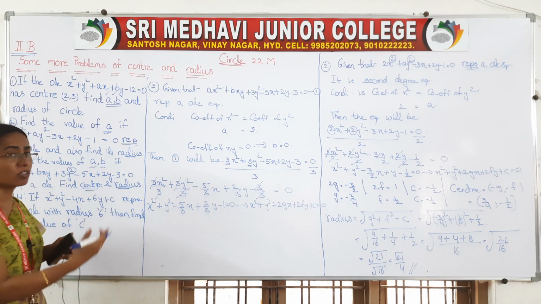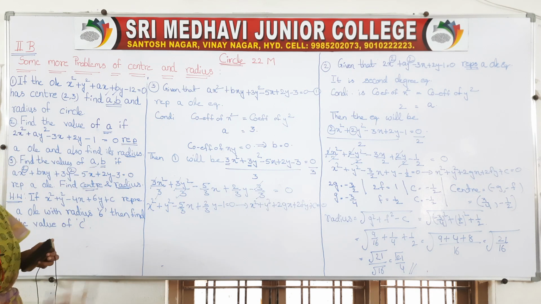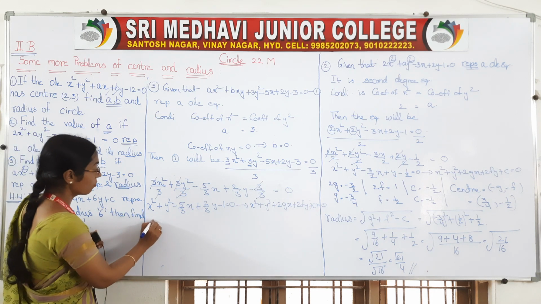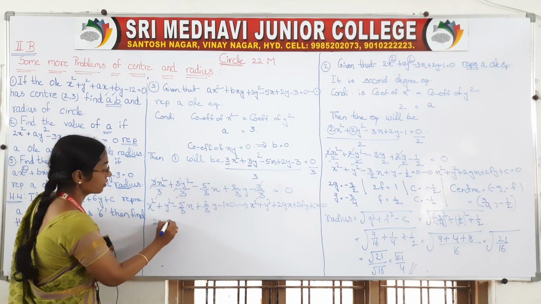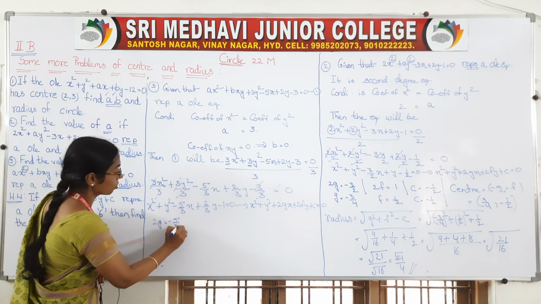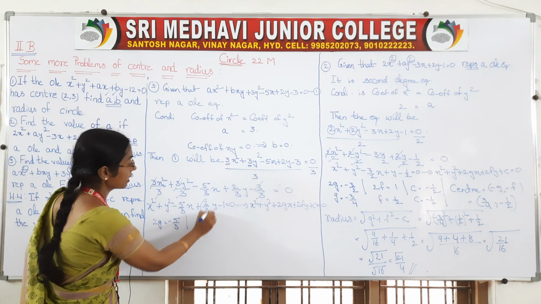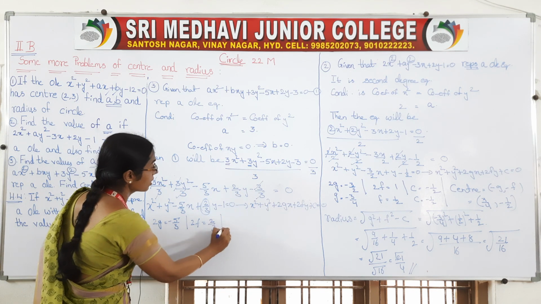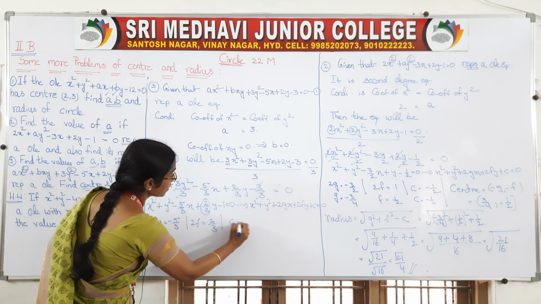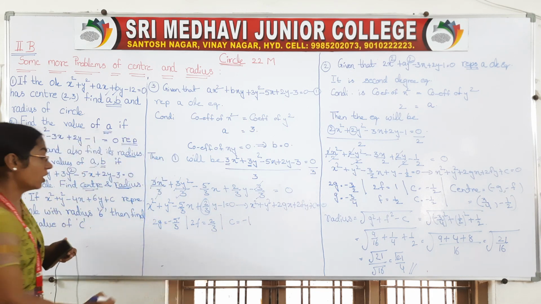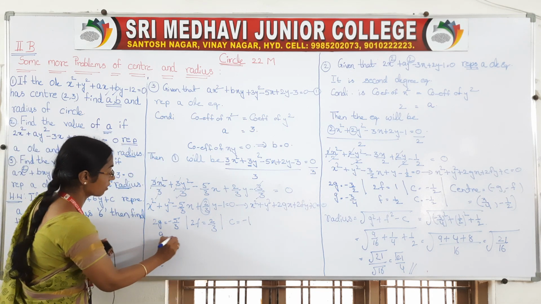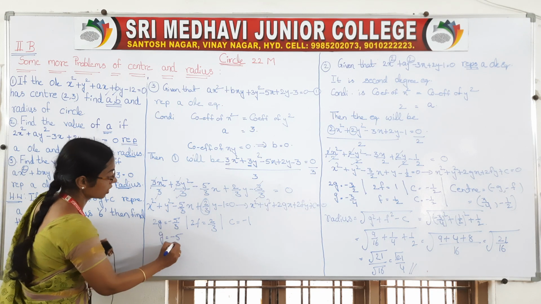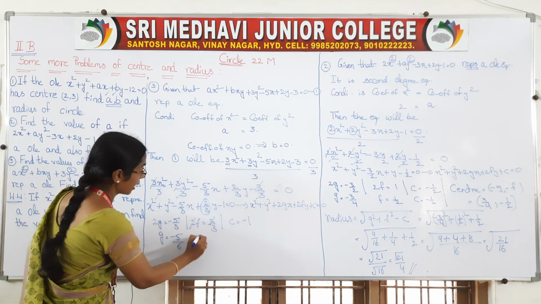Every time we have to compare the circle equation with the general form. Then the x coefficient will be equal to 2g, the y coefficient will be equal to 2f, right? And the constant will be equal to c. So what will be your g? G is equal to minus 5 by 6, since 2 threes are 6, here the 2 cancels.